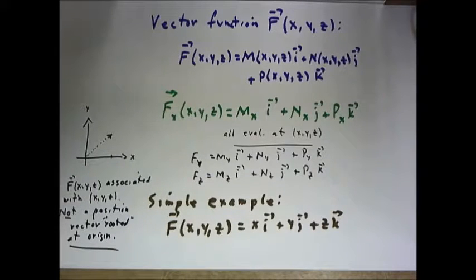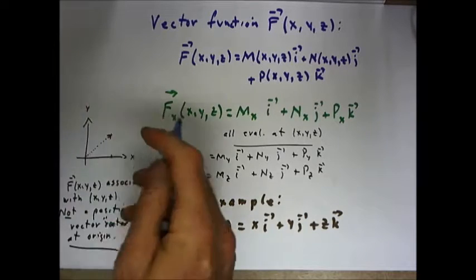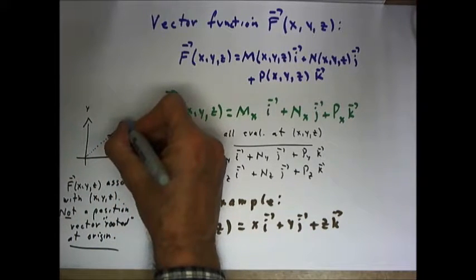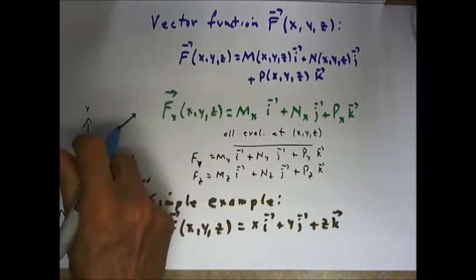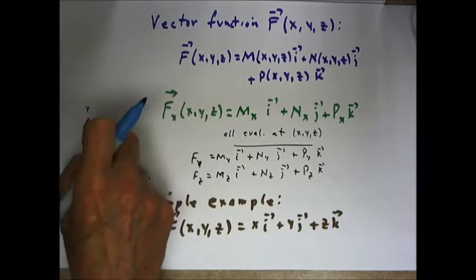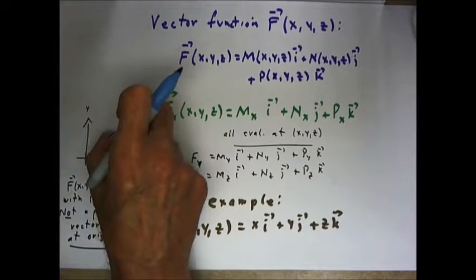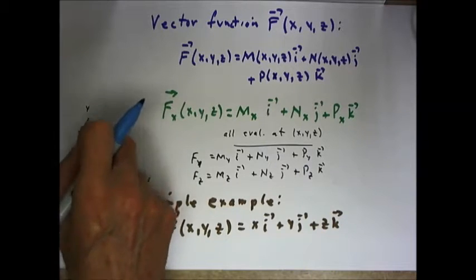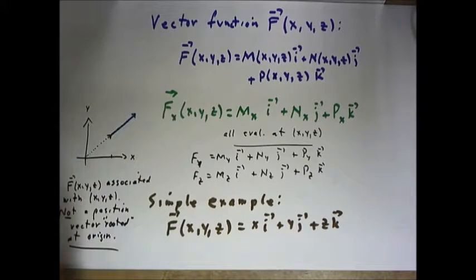When we sketch this vector, then, we don't sketch it with its initial point at the origin. We sketch it with its initial point at the point x, y, z. So now that function is going to be identical to this vector, that is the vector representing the function is identical to the position vector, but it's rooted at the point.